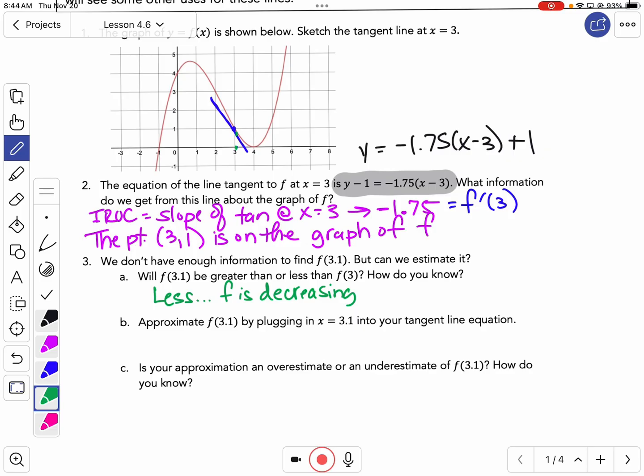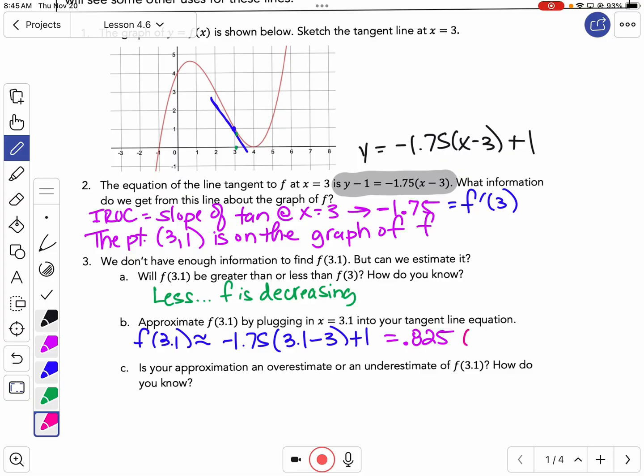Okay, so it tells me to approximate f at 3.1 by plugging 3.1 into our tangent equation. So f at 3.1, we're going to approximate by plugging it in: negative 1.75 times 3.1 minus 3, plus 1. All right, and you should get what value? 0.825, okay?